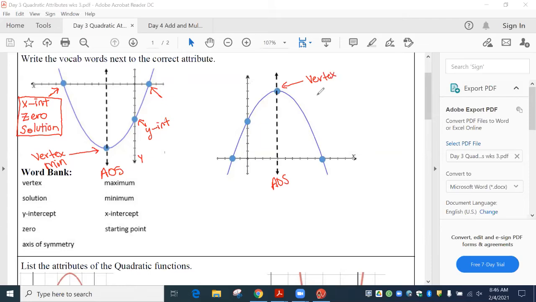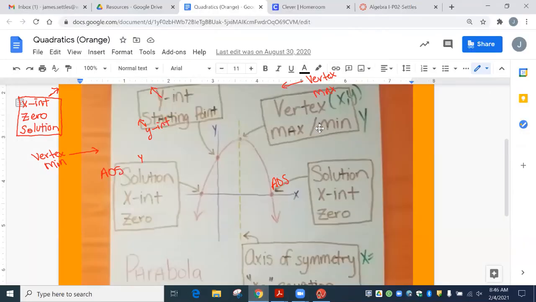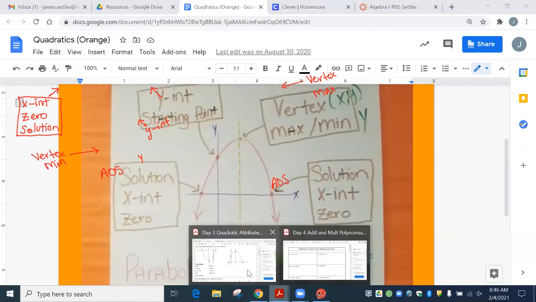Except if it's at the top, it's not minimum, it's maximum. When you look at the poster, it says min/max, but if it's at the top, it's only the max, and if it's at the bottom, it's only the min. On the poster, I put both just to remind you that it can be max or min.